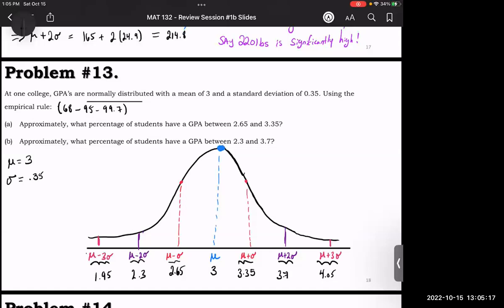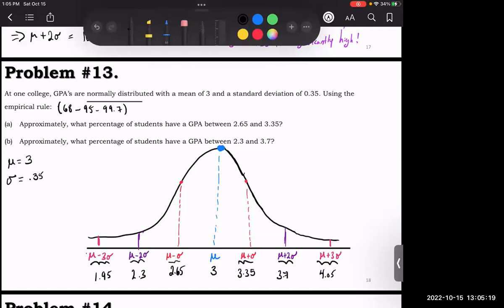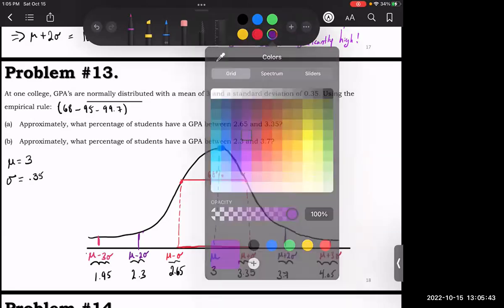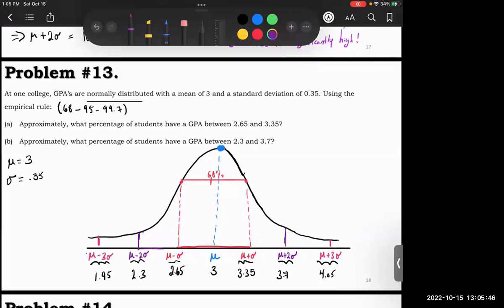Okay, so the empirical rule is now how we answer this question. If you're in that range shown in red, that means you're within one standard deviation below or above the mean. For those data values, by the empirical rule, that's 68%. The ones in purple, from 2.3 all the way to 3.7, 95% of the data values fall in that range.